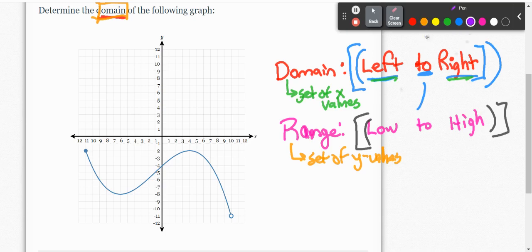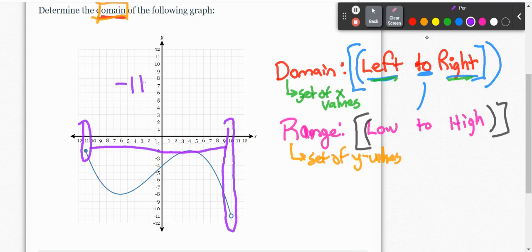But anyway, we're going to go here. For domain, starting with this graph, I'm just going to identify how far left the graph goes to how far right the graph goes. And you see that it touches at -11, and then we have an open dot here at 10. So in my interval for domain, I'm going to write -11 and then 10. These are the bookends of this graph.